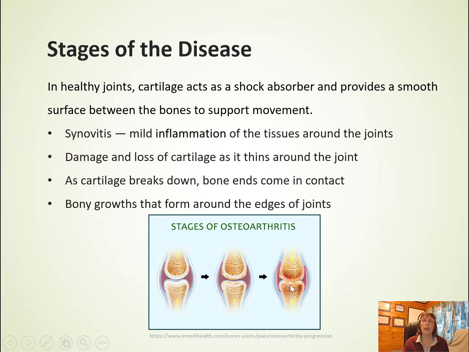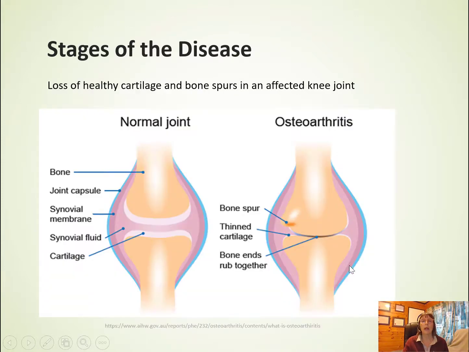And then we see here the complete loss of cartilage and bone on bone and the presence of a bony spur. And this is where there is significant pain and that cracking and popping sensation that's described. And here you can see it more clearly in this illustration where the cartilage is gone and there is the presence of that bony spur.